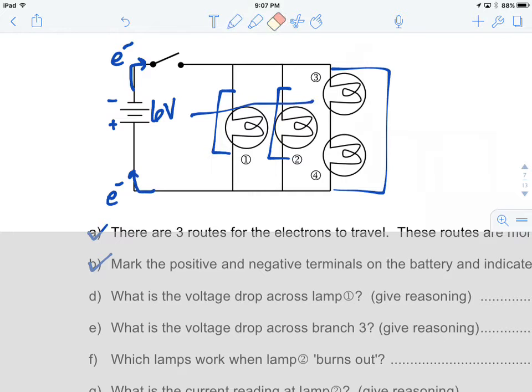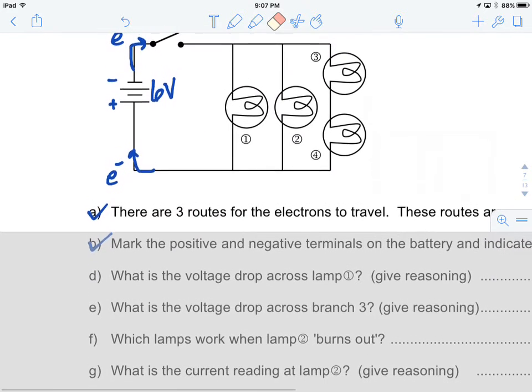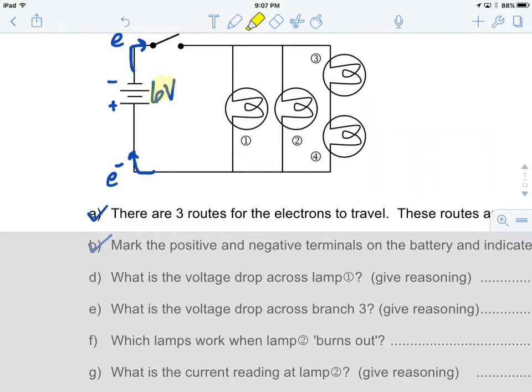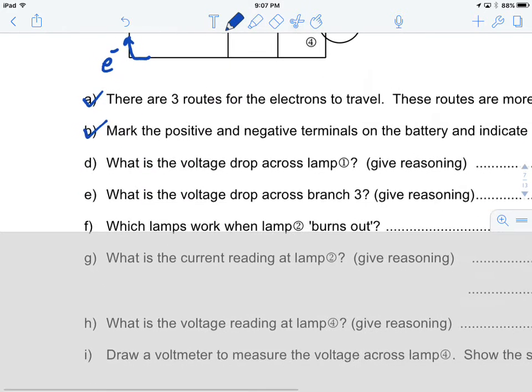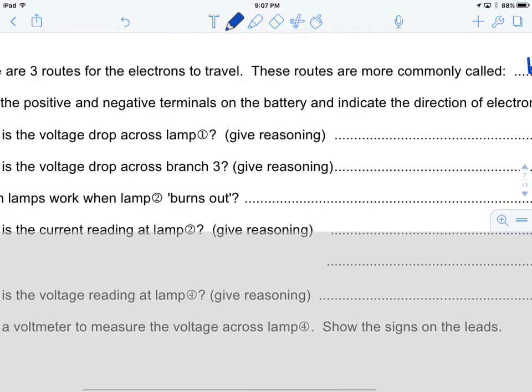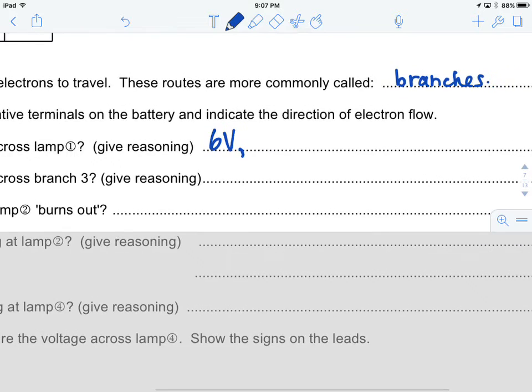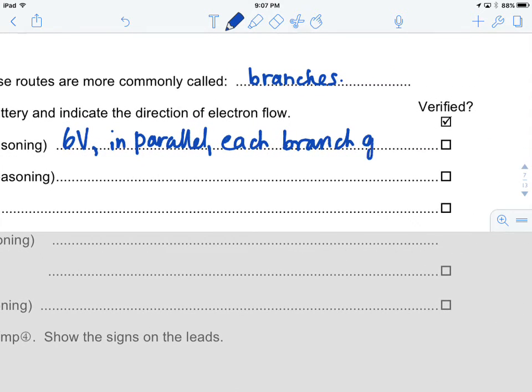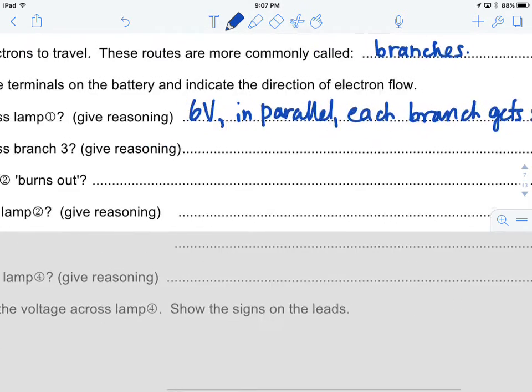The reason that we know that is because that's the rule for parallel circuits. So if we're using a 6-volt battery, then each branch gets 6 volts. So what's the voltage drop across lamp 1? It's 6 volts. And that's because in parallel, each branch gets the same. And we would have verified that.